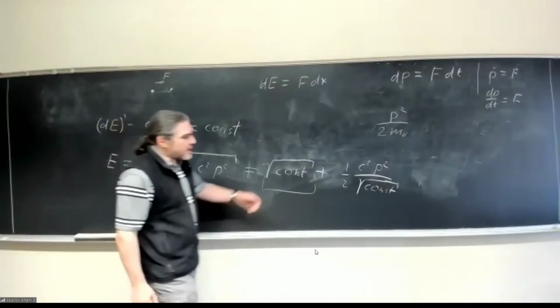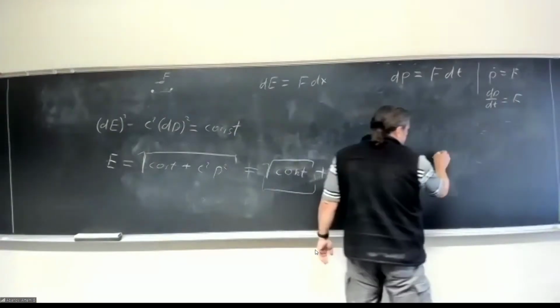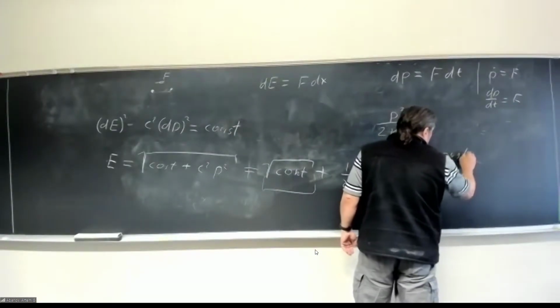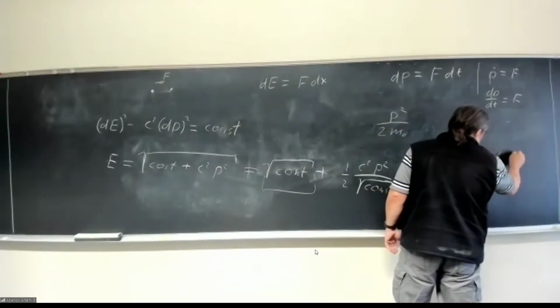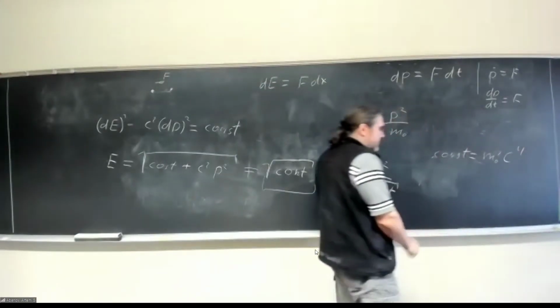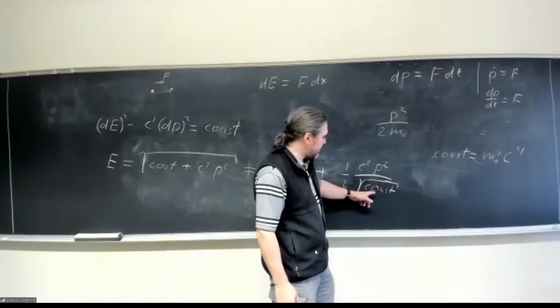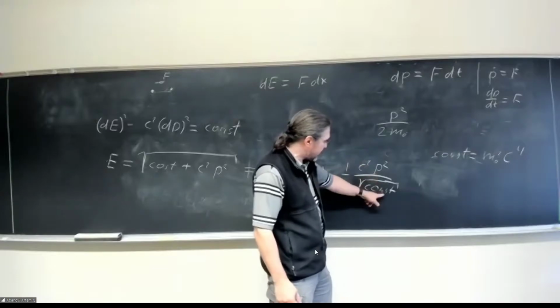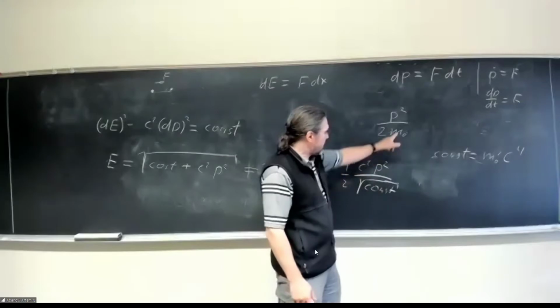Right? So I need to compare this one with this one, and what I see is that this constant must be equal to m naught squared times c to the fourth. So if I substitute this constant, m naught squared times c to the fourth, I see that c squared cancels this c squared, and m naught squared, I take the square root, and I get m naught.